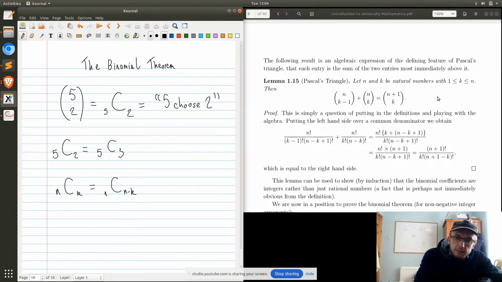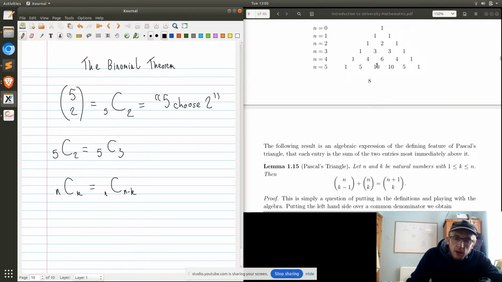This is Pascal's identity. It's just saying that this 10 comes from this 4 plus this 6 added together. N choose k minus 1 plus n choose k is n plus 1 choose k.